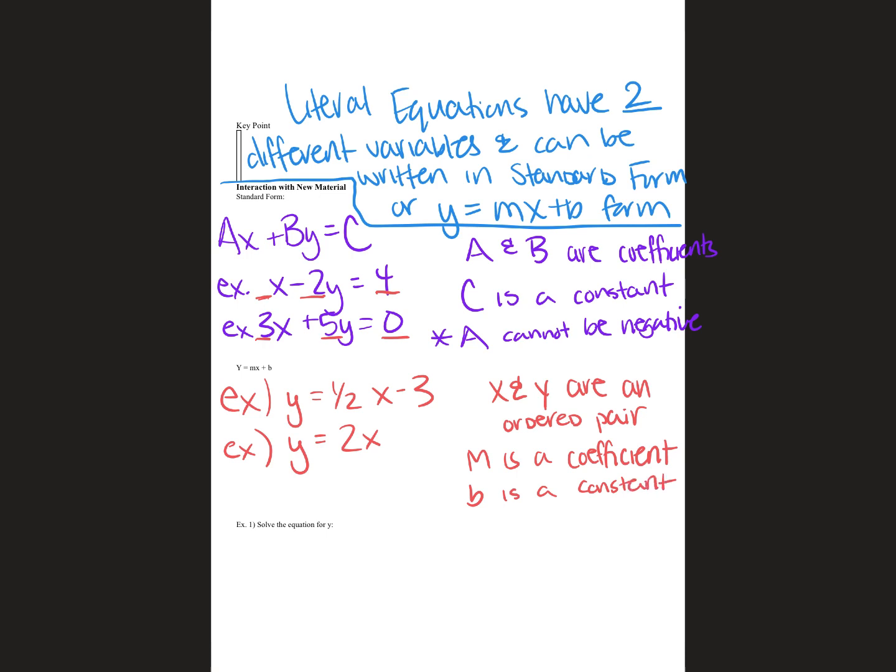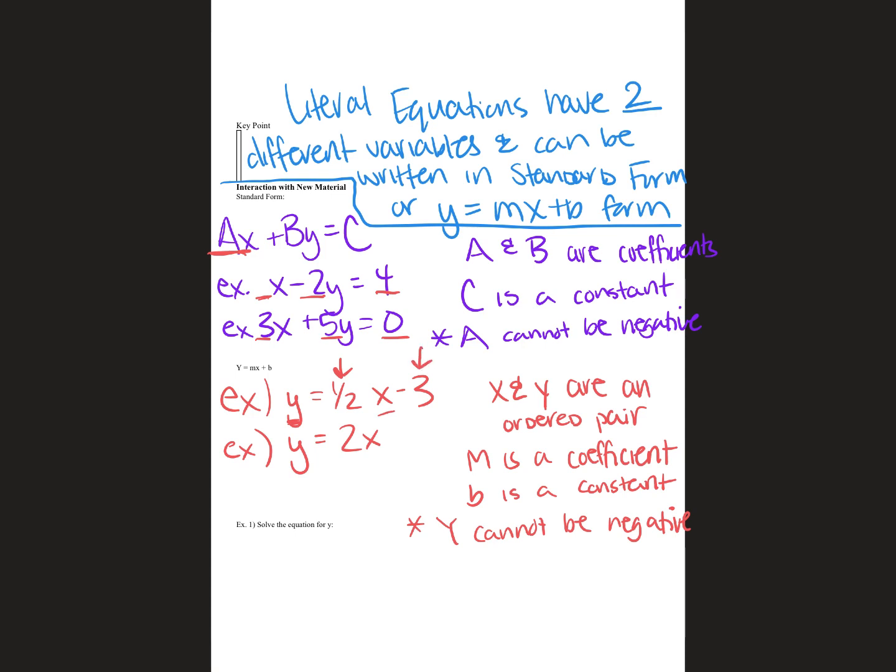And so for this one, y cannot be negative. So basically, you're never going to start an equation with a negative, right? A couldn't be negative, and here y can't be negative. So this is our m, and this is our b in the first equation.